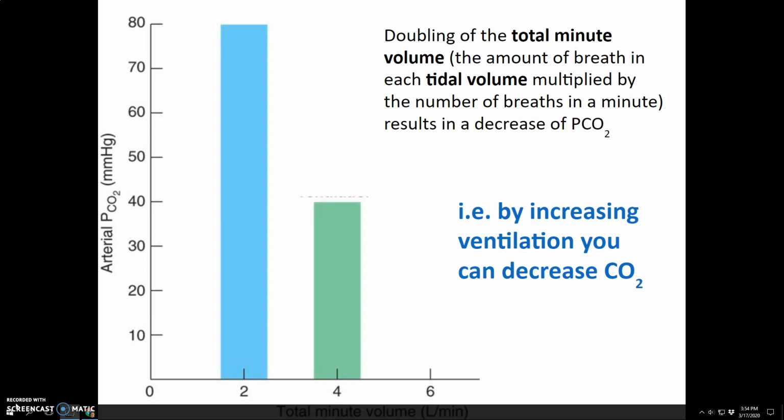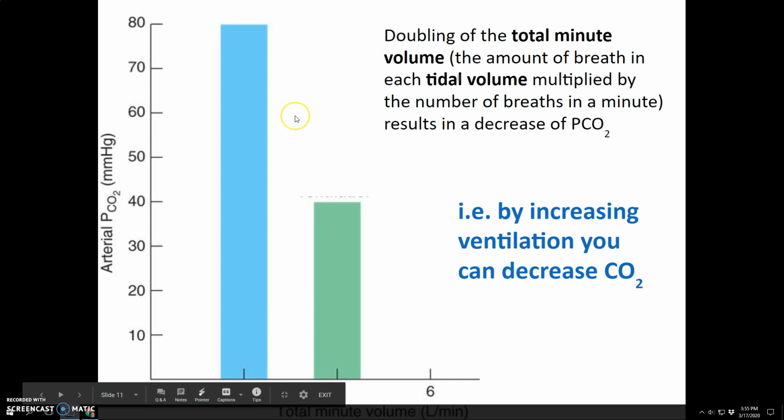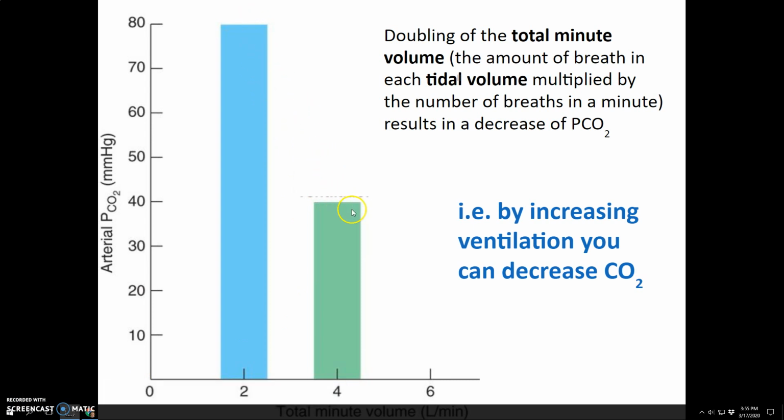If you breathe more, what happens to your CO2 levels? Maybe pause the video and think a little bit about that. Okay, as you increase your rate of respiration, you'll decrease your CO2 levels, and that's exactly what you want to do, right? You want to decrease CO2 in response to an increase in breathing.